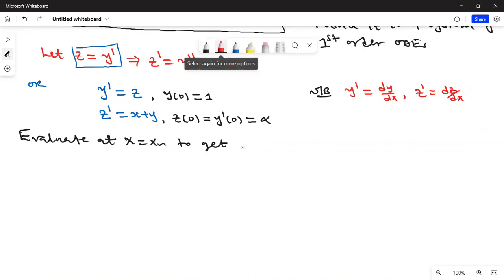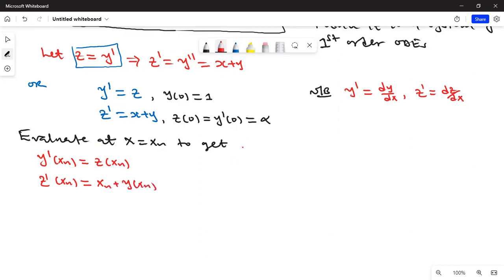we'll have y prime of xn equals, remember z is also a function of x, z of xn. Not y double prime, but z prime of xn equals xn plus y of xn.